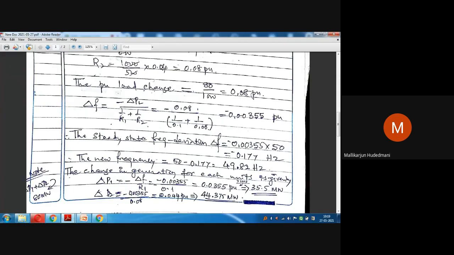That is how minus delta F by R. What is this ratio exactly? This ratio is the pickup taken by generator 1 with the droop nature of that. So this delta F contains the effect of change in load. What is delta F? Delta F is delta PL by the ratios of that. This figure carries the reflection of load on the system.